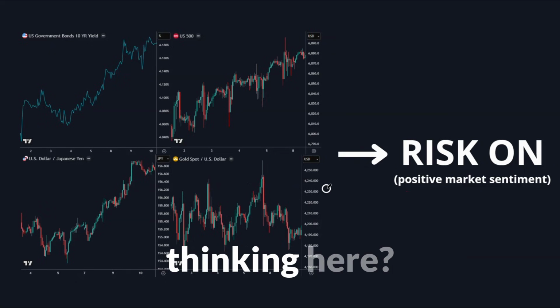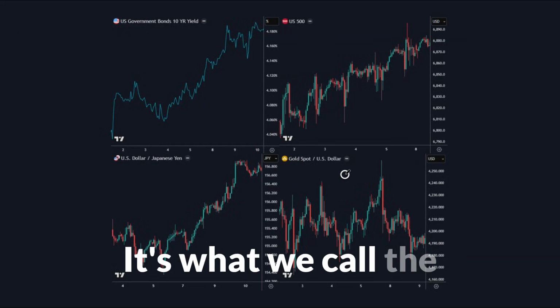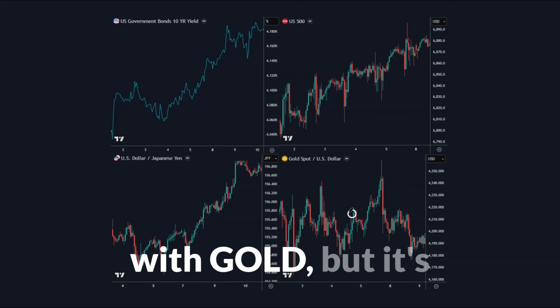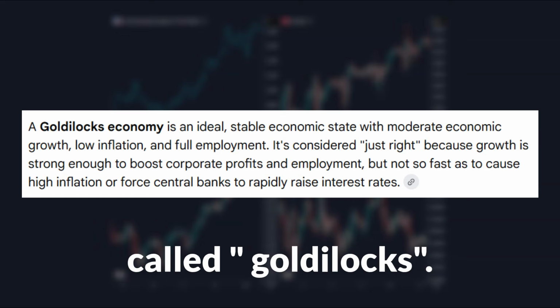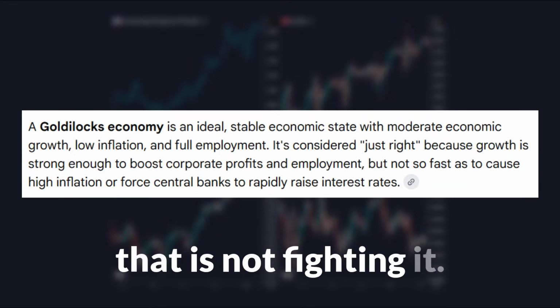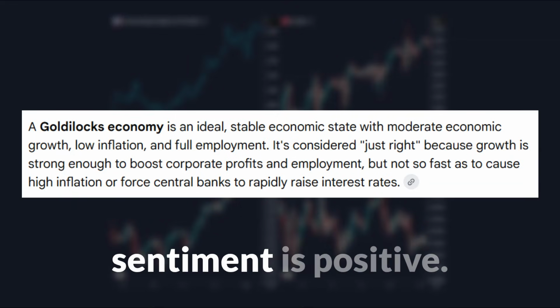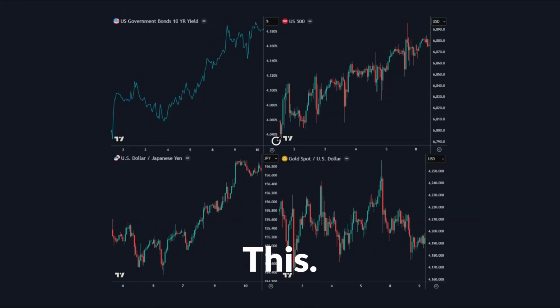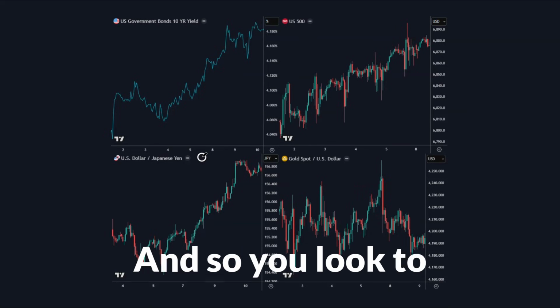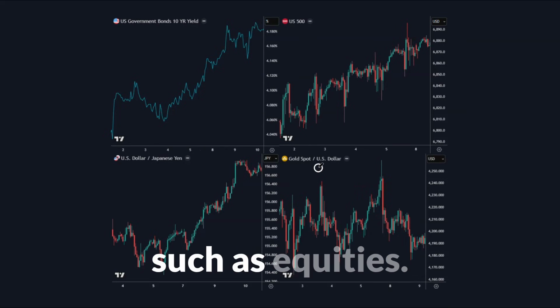This is a positive risk-on type of sentiment. So what is the market thinking here? It's what we call the Goldilocks type of scenario, which has nothing to do with gold, but it's called Goldilocks. It's positive growth and a Federal Reserve that is not fighting it. So the market sentiment is positive. This is where you look for risk and you look for carry. And so you look to get into risk assets such as equities.